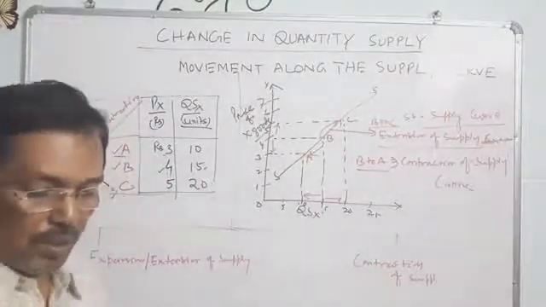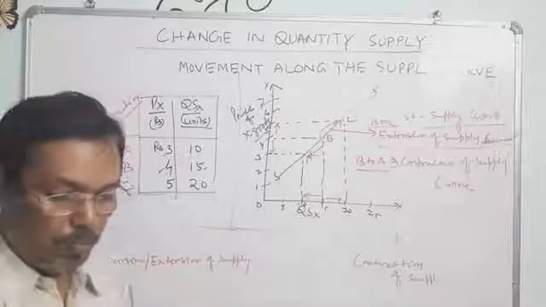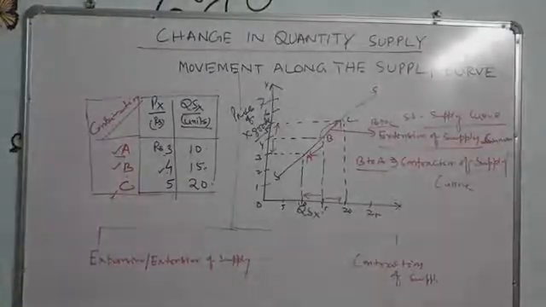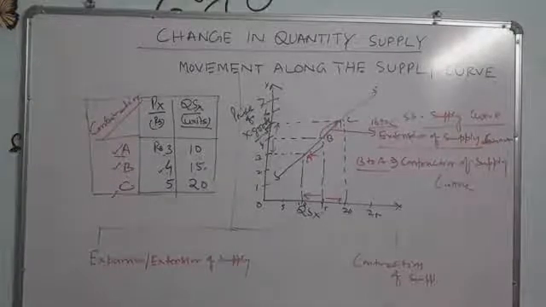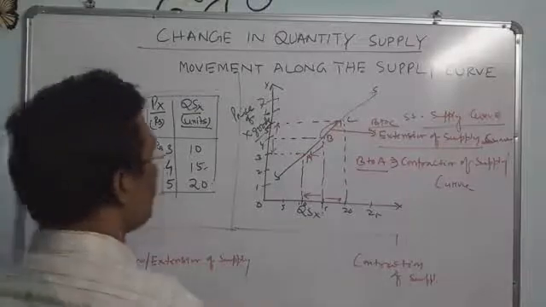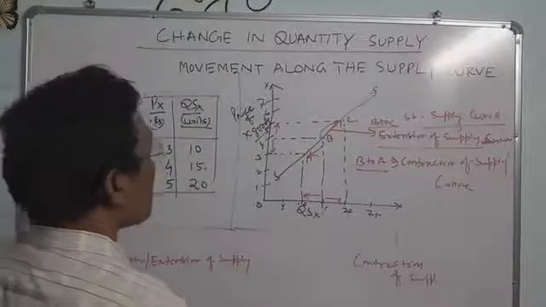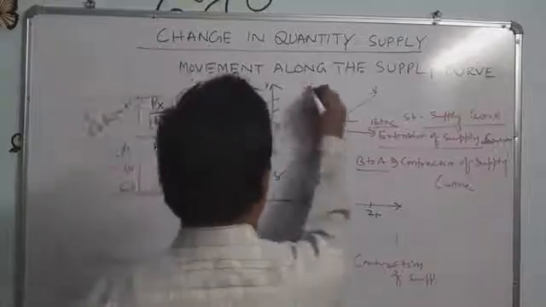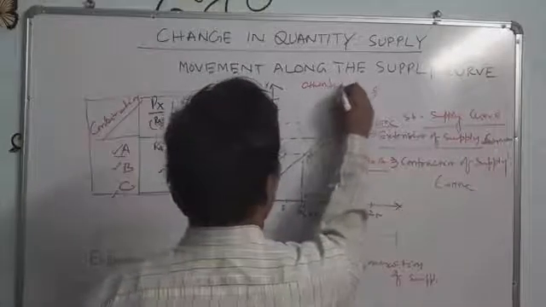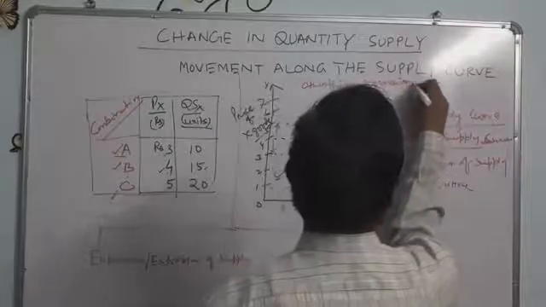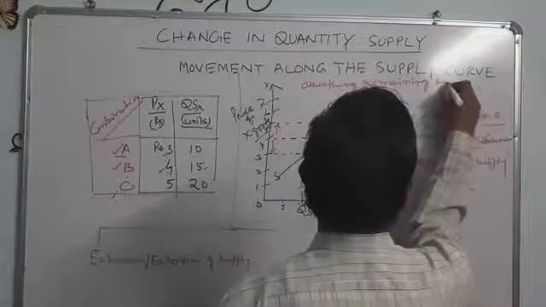So a movement along the supply curve is caused by a change in the price of the good, other things remaining the same or constant.